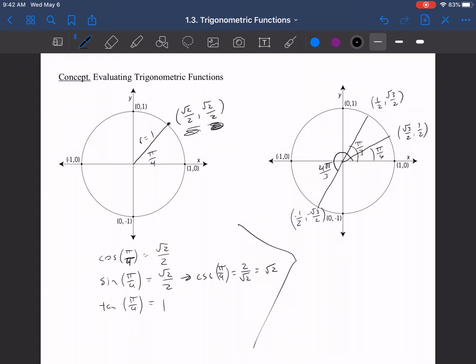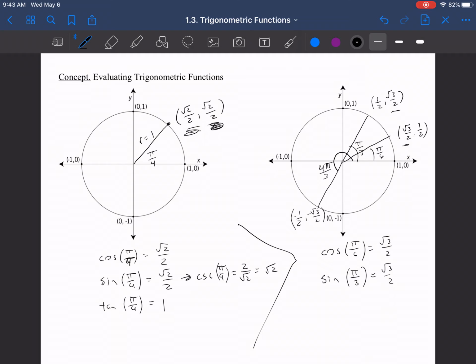But then you can go through and you can do things like, what's the cosine of pi over 6? Well, I'm just going to pick out the x value from the pi over 6 coordinates. Square root of 3 over 2. What is the sine of pi over 3? Well, I'll just pick out the y value from the pi over 3 coordinates, which is, again, square root of 3 over 2.